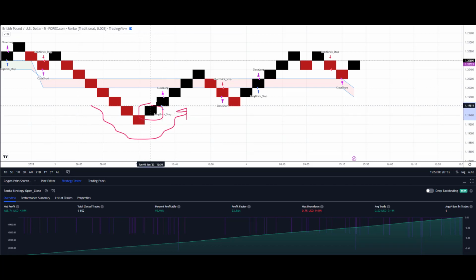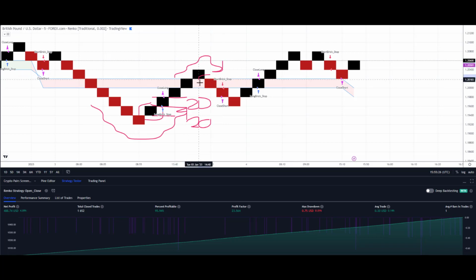We clear that first block, we then put our stop at the bottom of that block, we get in at the start of the next block, and we get out when it's reached our 20-point target. So we've made 20 points, we've risked 20 points, so it's a one-to-one trade, but it certainly keeps you on your toes, and then you just sit there and wait again for that reversal to happen.